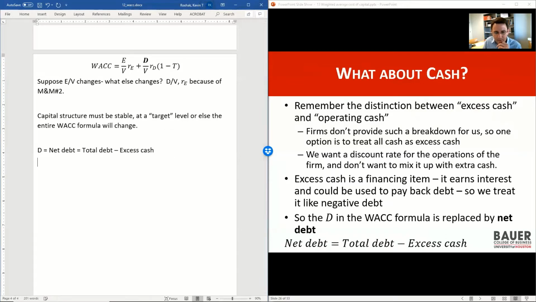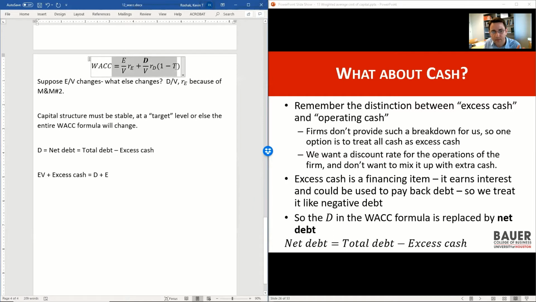One more way to think about this is, if you think about the enterprise value that we studied way back when, we have the enterprise value plus excess cash is equal to debt plus equity. Now you see in the WACC, we're using debt and equity. If we just use the raw level of debt and not net debt, just the total value of debt, what are we going to get?